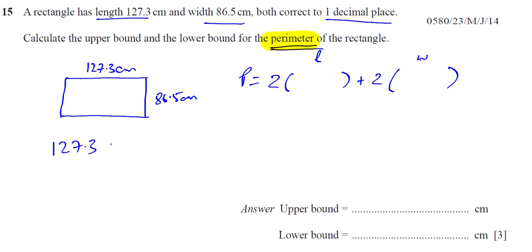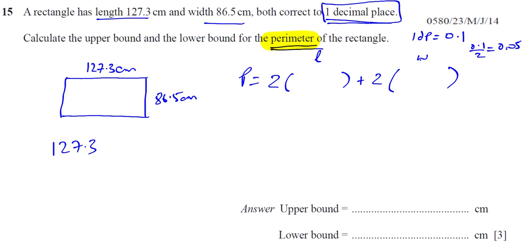The way to do that is you look to see what they've been rounded to. It says here they've been corrected to one decimal place, which is basically the nearest tenth, 0.1. So we take 0.1 and divide it by 2. That gives us 0.05.